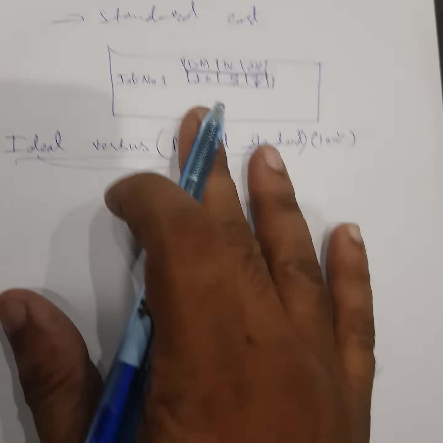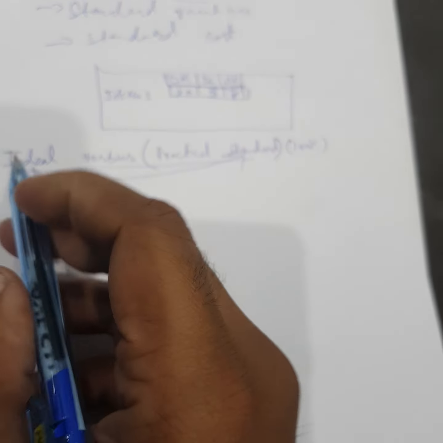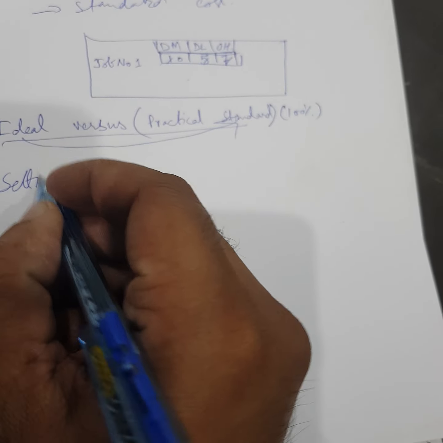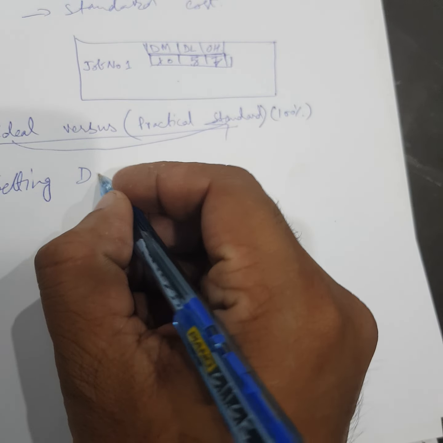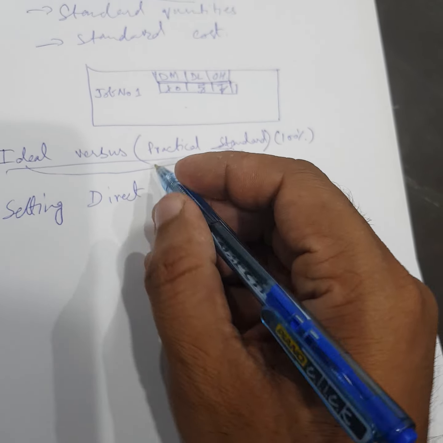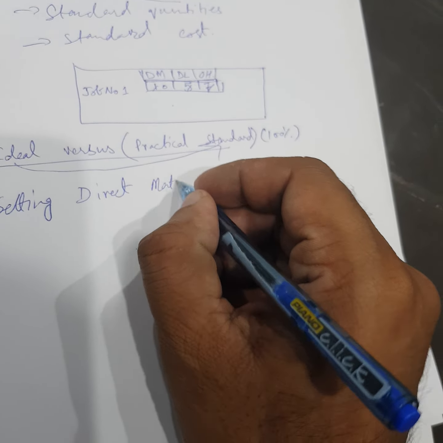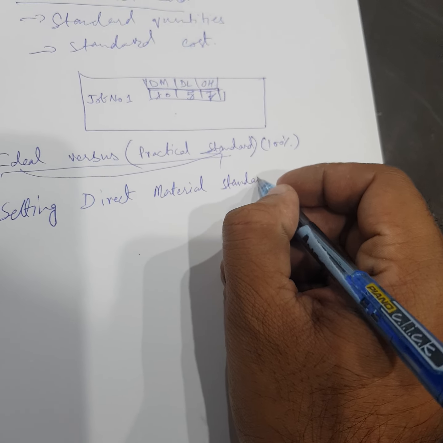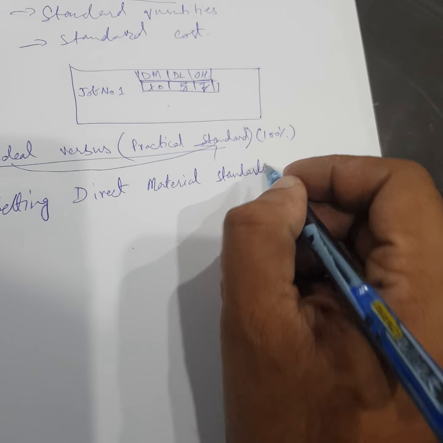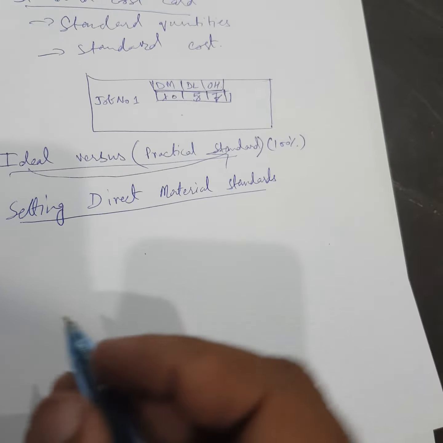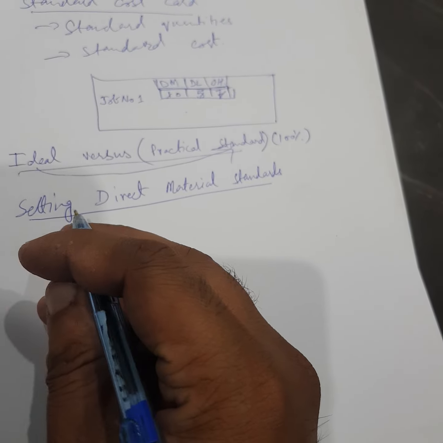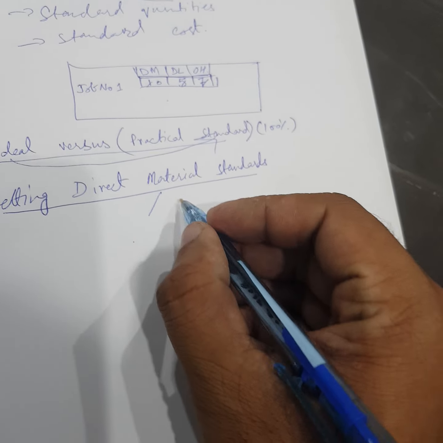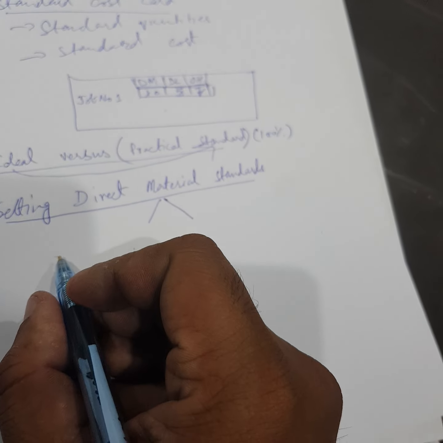Now comes the method of setting direct material standards. It will consist of two parts.